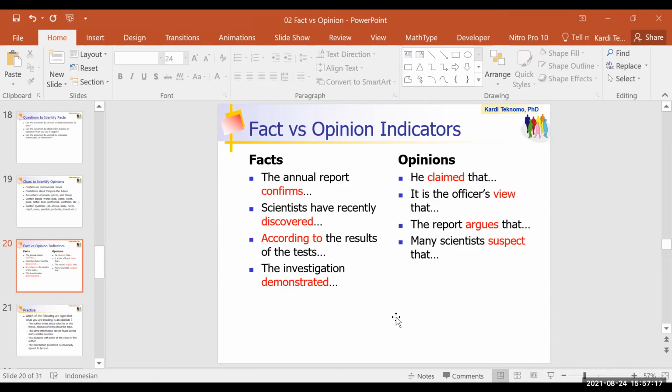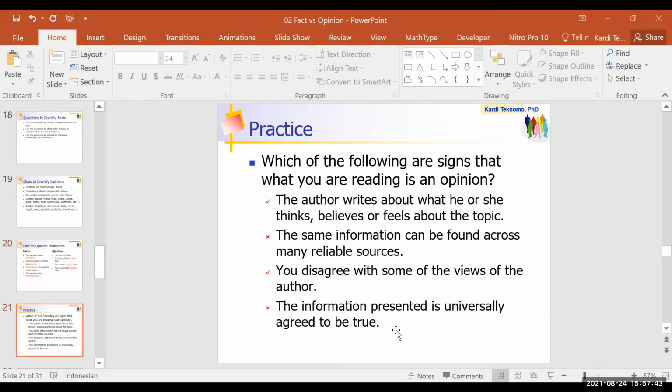Okay, but these keywords on the right, like claim, view, argue, suspect, usually they are used before certain opinion. But of course, somebody can abuse it, okay? They can use confirm, but actually they are stating an opinion, that is possible. This is just generalization, okay?